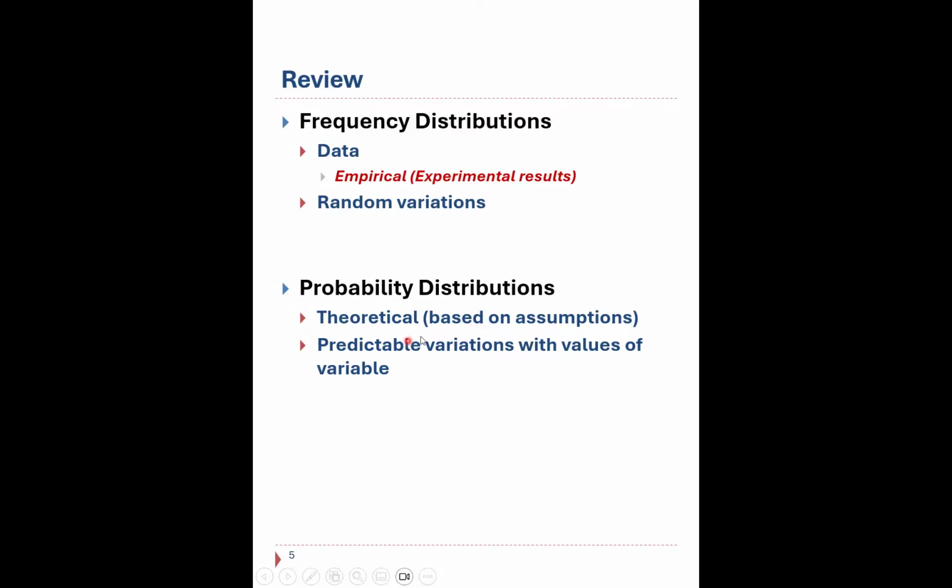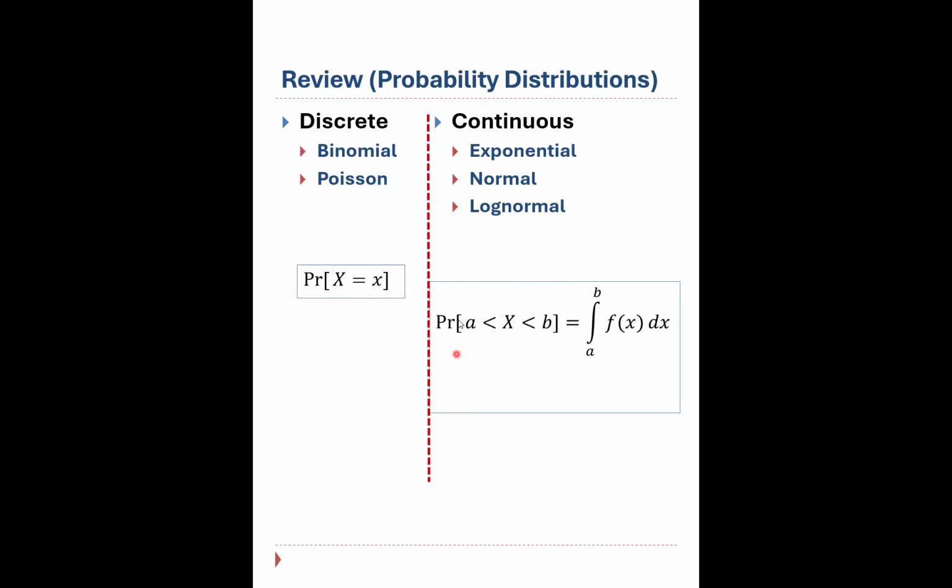So they exhibit predictable variations due to the fixed properties, which are then modeled in a mathematical equation. We found the candidates of discrete distribution like binomial and Poisson, and they represent the probabilities of individual events. So probabilities are written as P(X = x), where x can take on discrete values.